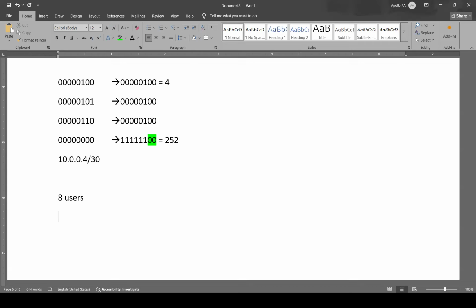And the broadcast address of Eldoret or Nakuru was 172.16.100.223, if I'm not wrong. That was the broadcast address for /27. That was the broadcast address for Nakuru.